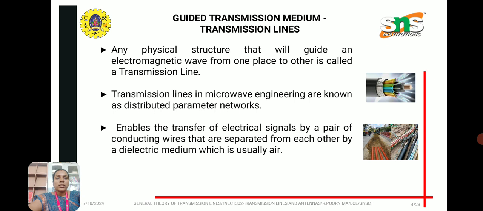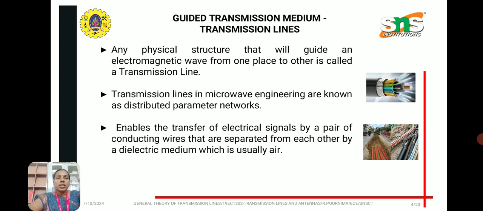For guided transmission medium, any physical structure that will guide an electromagnetic wave from one place to another is called a transmission line. Transmission lines in microwave engineering are known as distributed parameter networks, since the electronic components are uniformly distributed throughout the line.